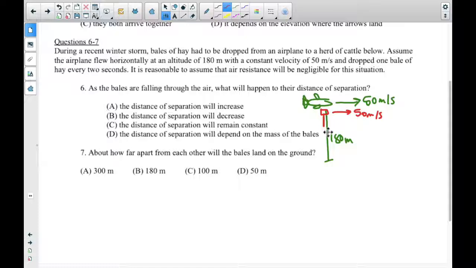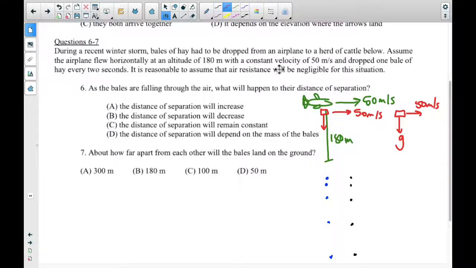Its initial vertical velocity is 0, but then it's going to have gravity and it's going to gain momentum or gain acceleration and become faster. And then 2 seconds later, it drops another one, which has the same conditions on it. It has a 50 meter per second horizontal, 0 in the vertical, but it has gravity, and gravity is going to act upon it to bring it to the ground. And air resistance is negligible for this situation.